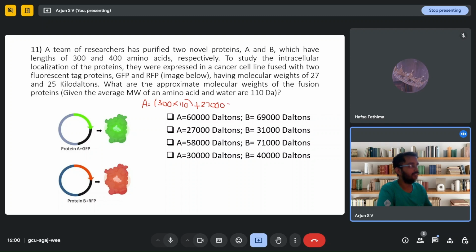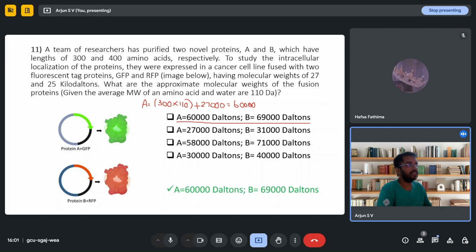It's safe for us to calculate in daltons. If you do it in a calculator, you will get around 60,000 daltons. So since A is 60,000 daltons, B will be 69,000 daltons. So your correct option will be option A.